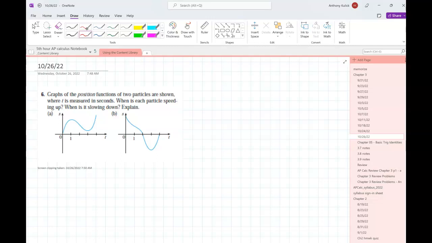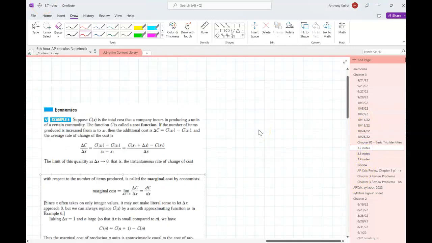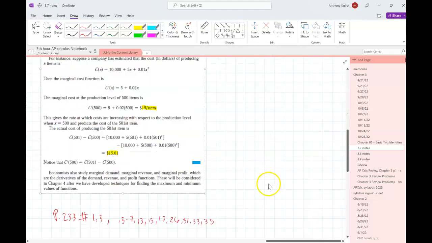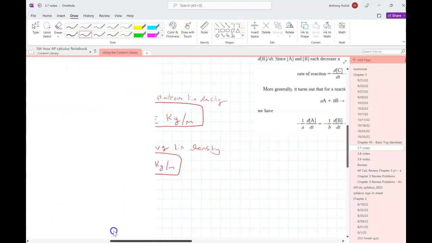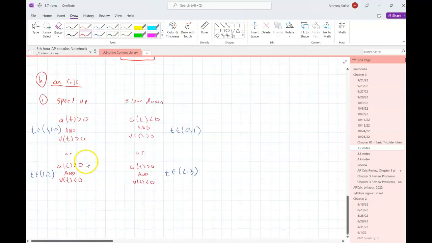So speeding up, what am I looking for here? This would have related to what we did yesterday.